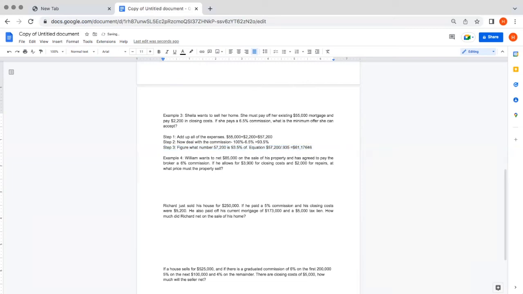I'm just going to double check some stuff in my calculator to make sure we're not having any erroneous information on our spreadsheets. Again, we want to figure out what 57,200 is 93.5% of. So we're going to divide that by 0.935.